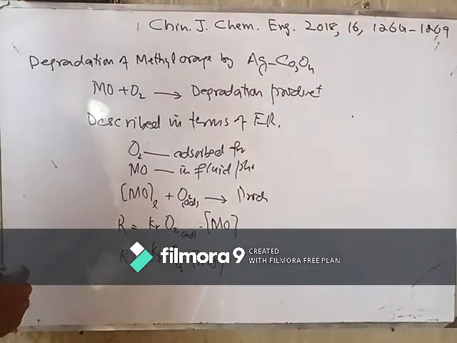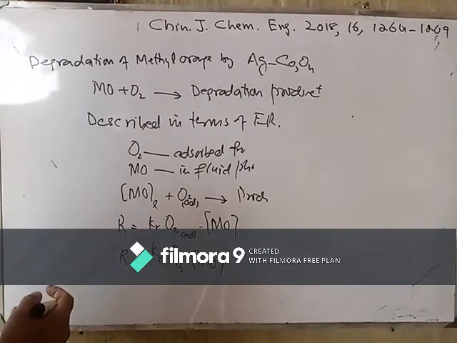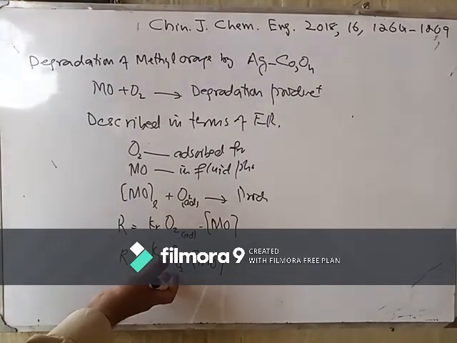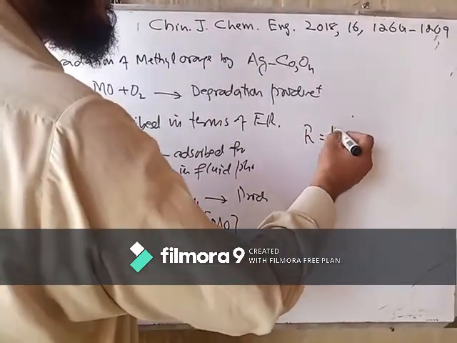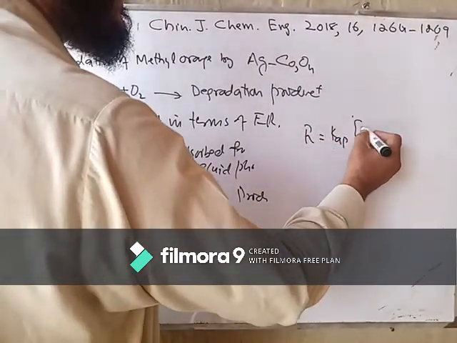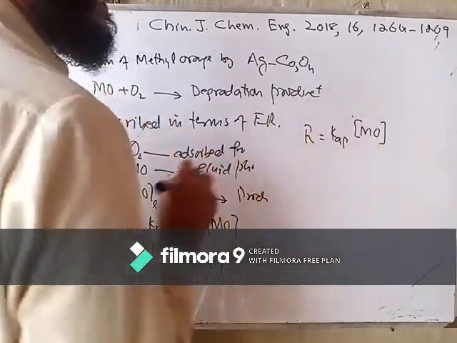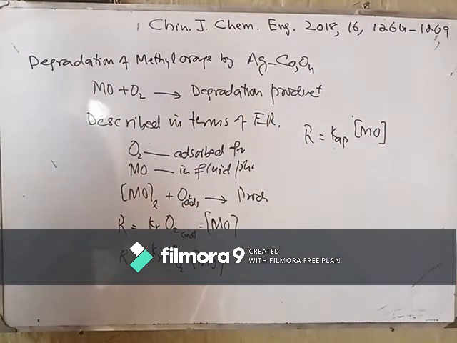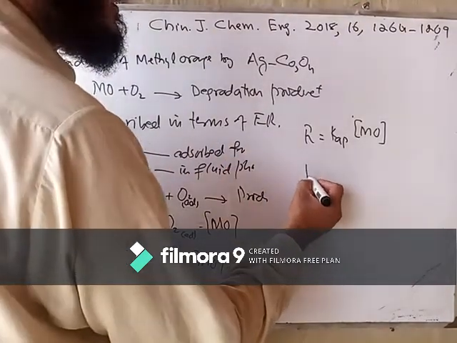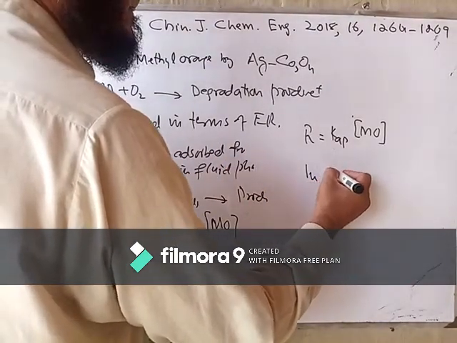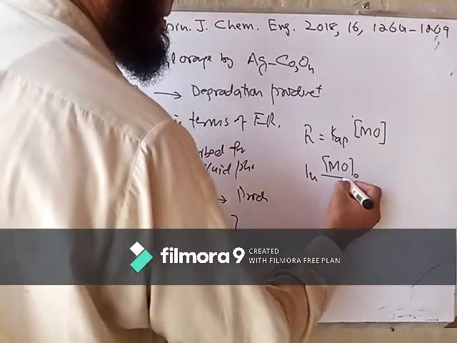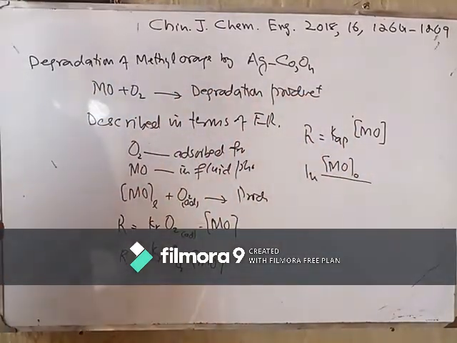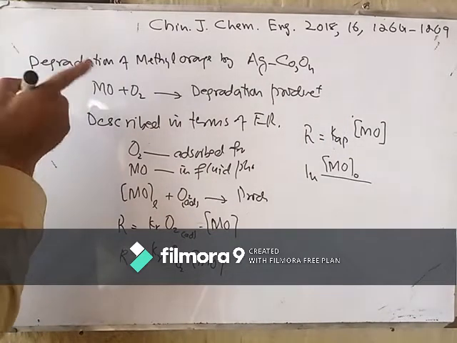So this is the rate expression in terms of the Eley-Rideal mechanism. Again, the pressure of oxygen is constant, so we get r is equal to K apparent and MO. Again, this is a simple first order equation. If we rearrange and integrate, we get log of MO naught, the initial concentration of methyl orange.